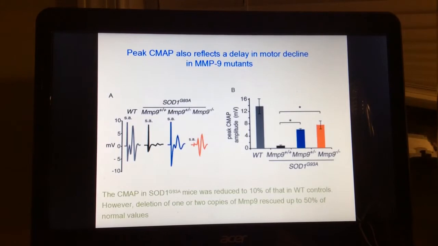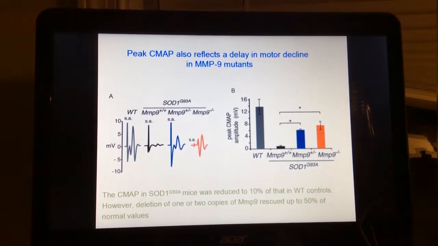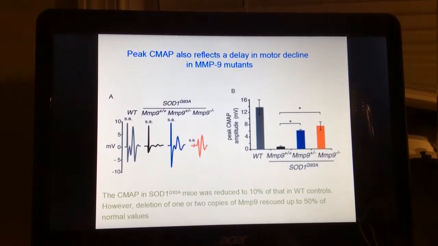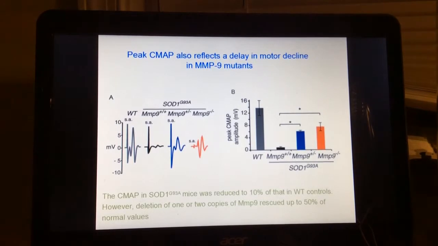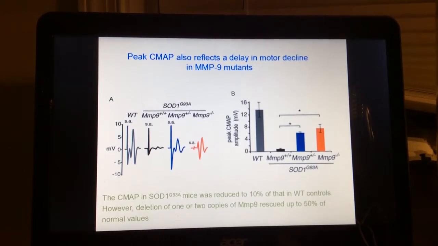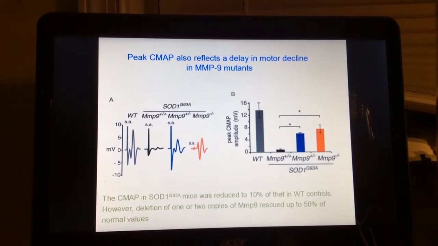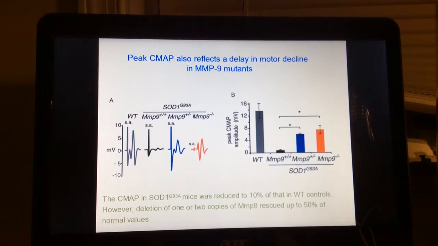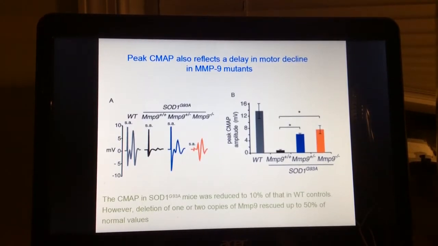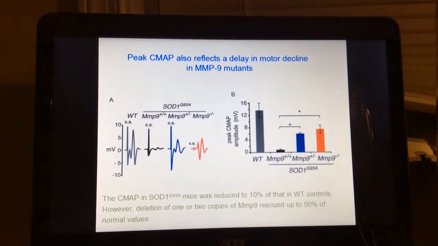She put recording electrodes into TA muscle and then stimulated the sciatic nerve and found that when MMP9 is intact, the CMAP in SOD1 G93A mice was reduced to 10% of that in wild-type controls. However, deletion of 1 or 2 copies of MMP9 rescued up to 50% of normal values.